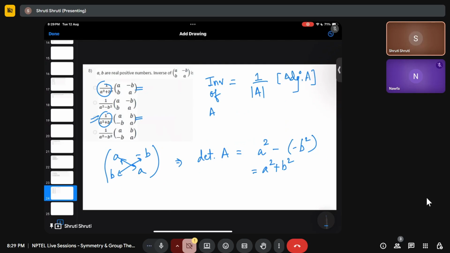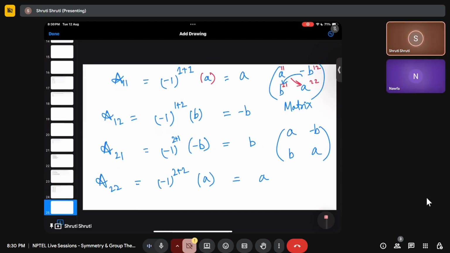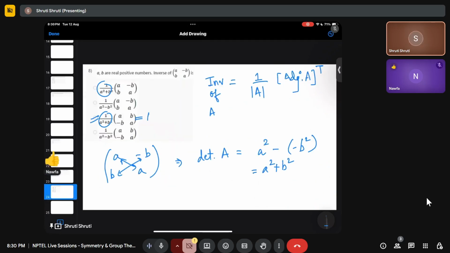This is the first option. Yes, ma'am, I think in the solutions it's given that. No, after adjoint you have to do transpose also. Yes, ma'am. When you transpose, it will become A, minus B, B, A, and then 1 over that determinant part. So option C is correct.